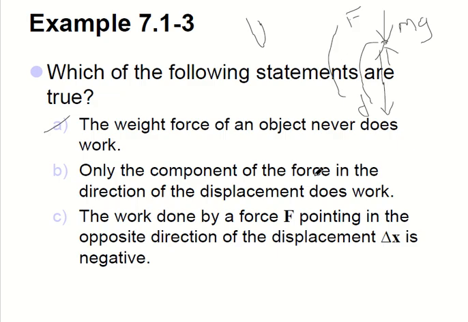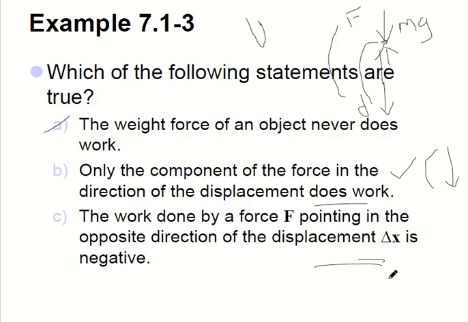Next: only the component of the force in the direction of the displacement does work. That is correct. If you have a component of the force in the direction of the displacement, it does the work. In order for work to happen, you have to travel a distance, and when you do, your force is going in that direction. So this is correct. The work done by a force F pointing in the opposite direction of the displacement is negative.